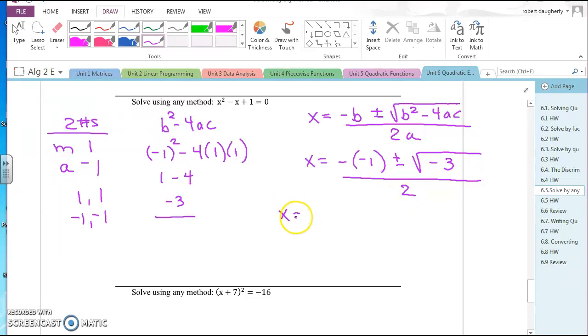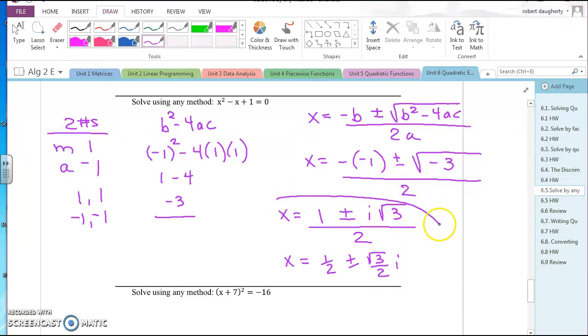So x is equal to 1 plus or minus the square root of negative 3, that's just i times the square root of 3, and all of this over 2. So you can leave your answer like that, or it can be written as 1/2 plus or minus the square root of 3 over 2 i. Any of these would be fine for your answer.